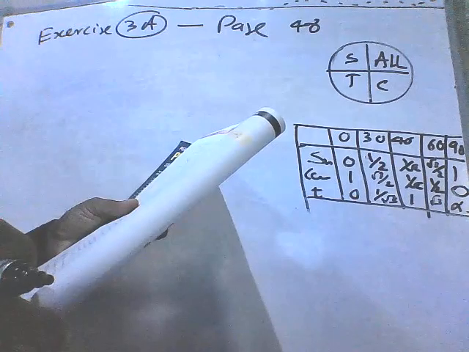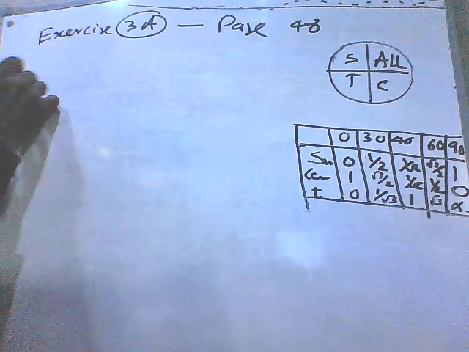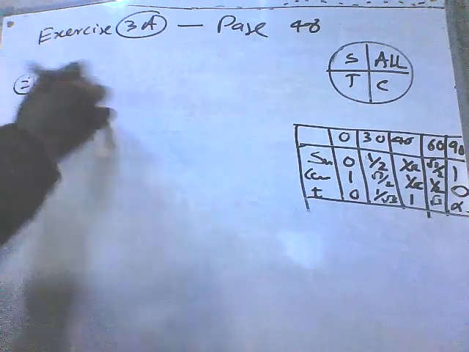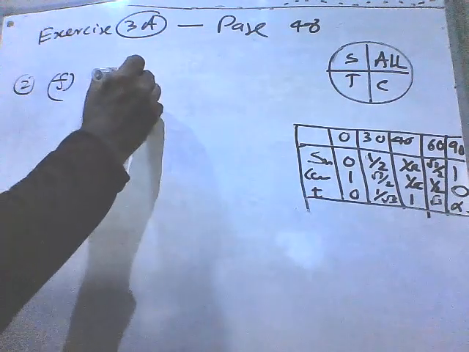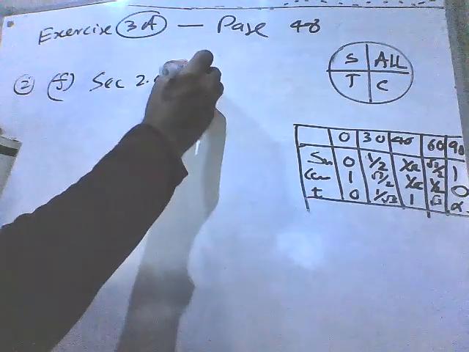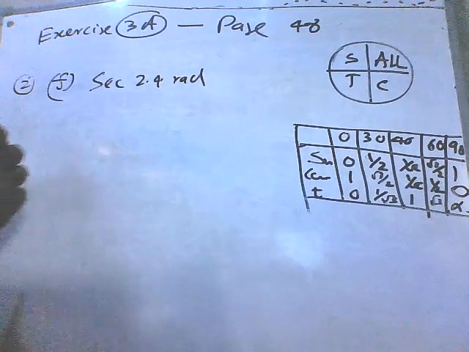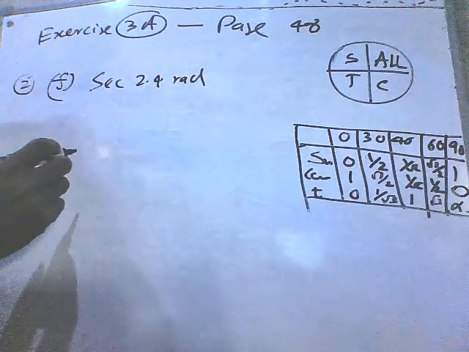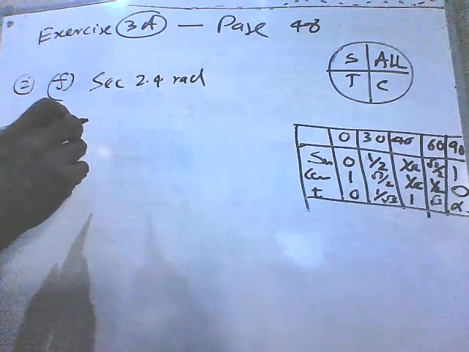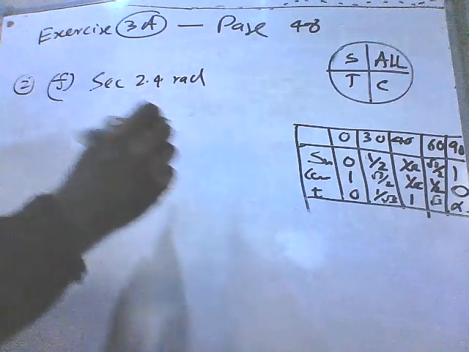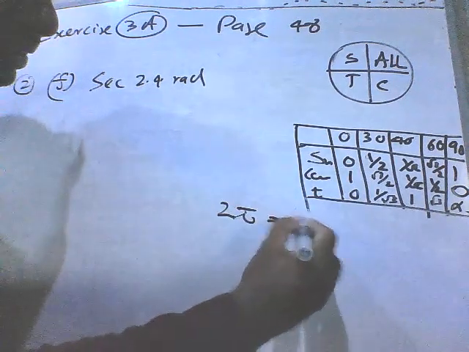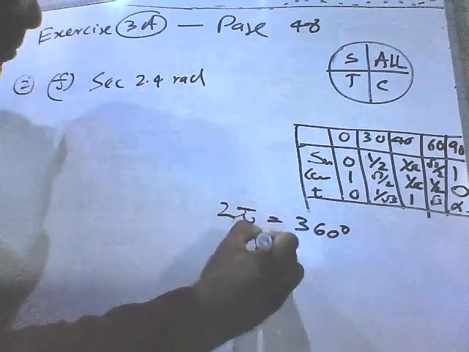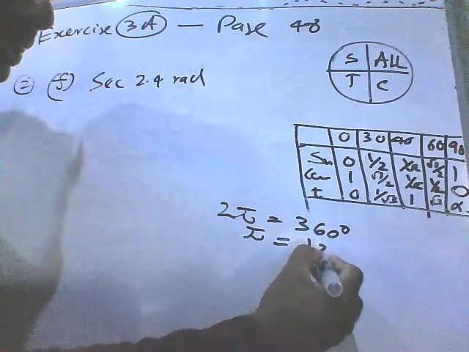They are asking now part F, question 2 part F. They are asking us to find sec 2.4 radians, right? Sec 2.4 radians. Now it is not in degrees, so there's another way: you can change the mode to radian in the calculator, or simply we can use this. We know 2 pi is equal to 360, and also we know pi is equal to 180.